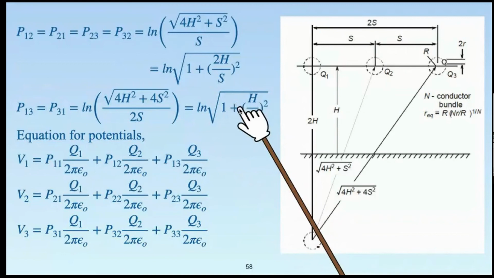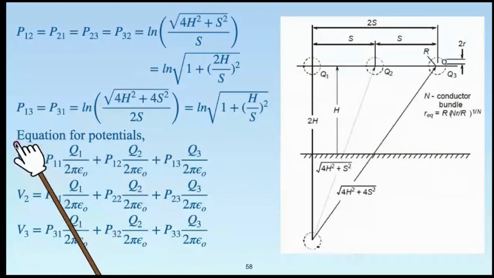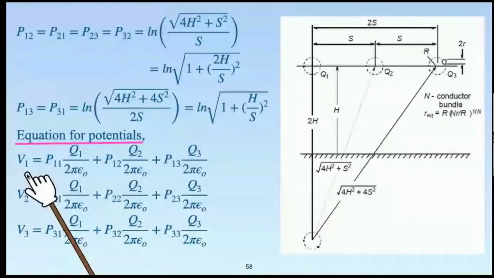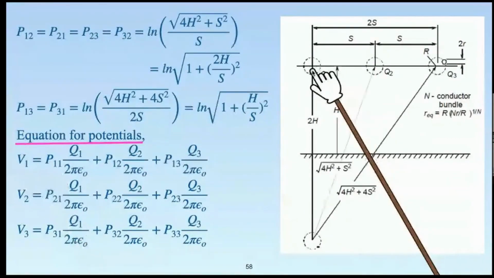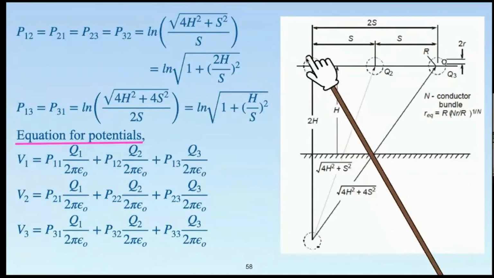And what is the meaning of this? Now we have to put them in the form of equations for the potentials. So what are the potential equations? Potential at the first conductor, V1, with charge Q1. What is the voltage on this particular conductor?